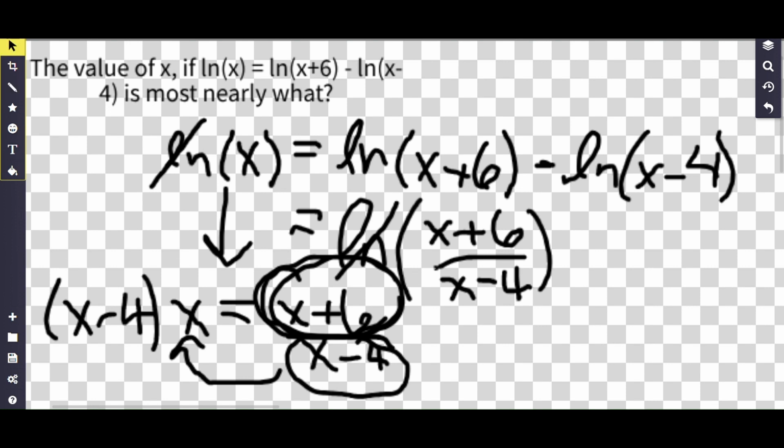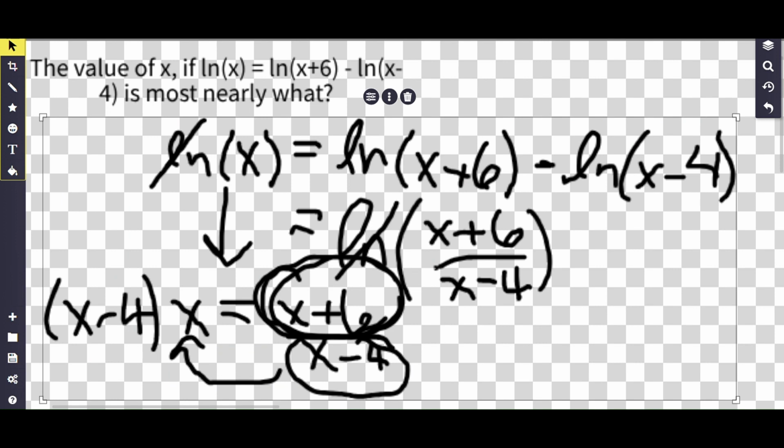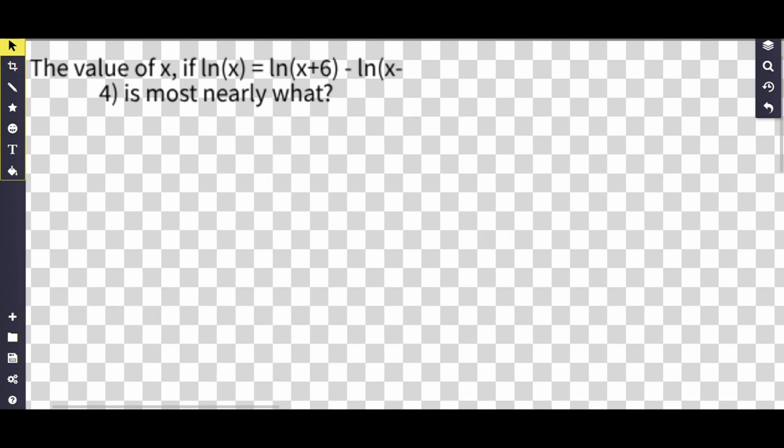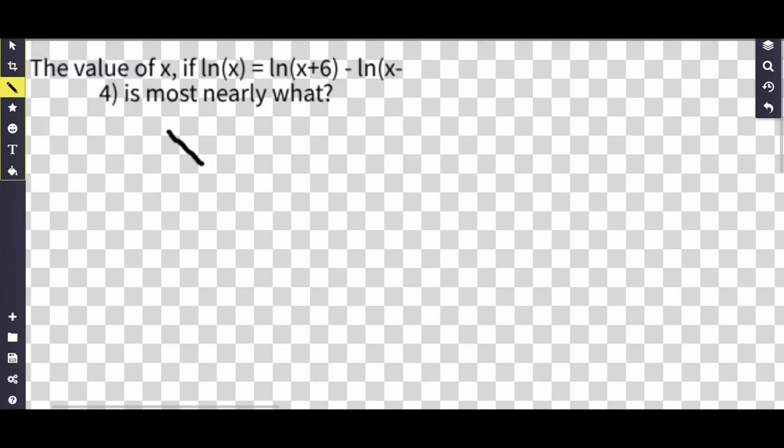Bear with me as I erase my board to demonstrate that. Your answer should look something like this: x squared minus 4x equals x plus 6.